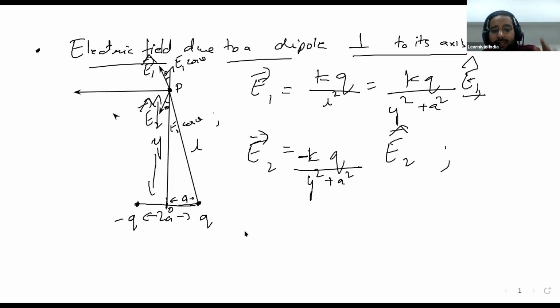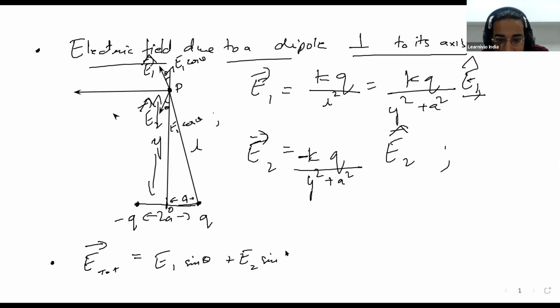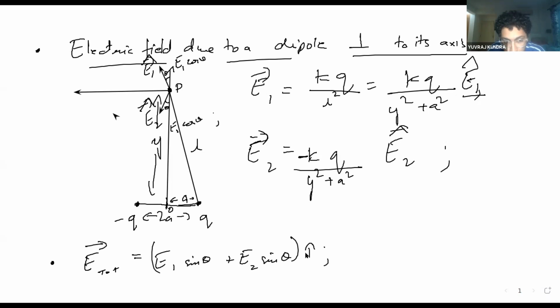So we'll have to take the x components of both of them. So the E total vector will essentially be the x component of E1 plus E2, that is E1 sin theta plus E2 sin theta, in the direction i cap. Make sense? Lovely.